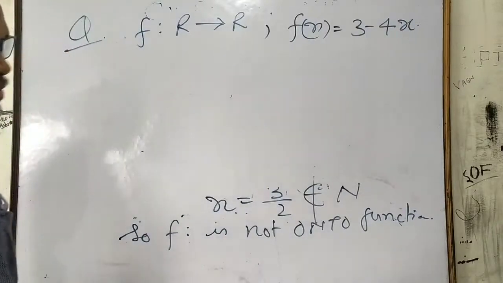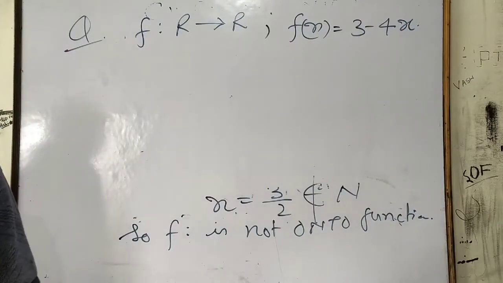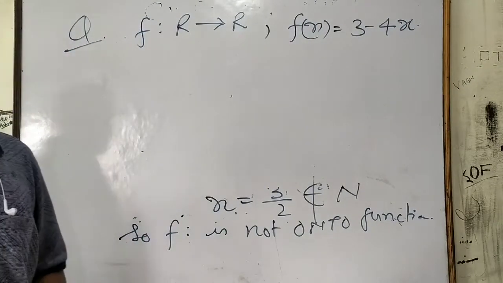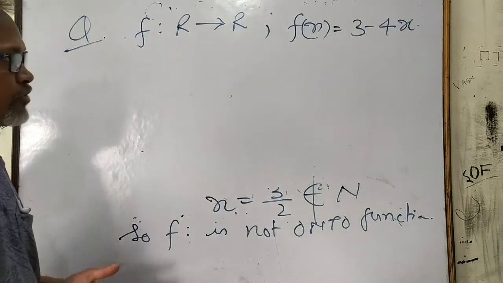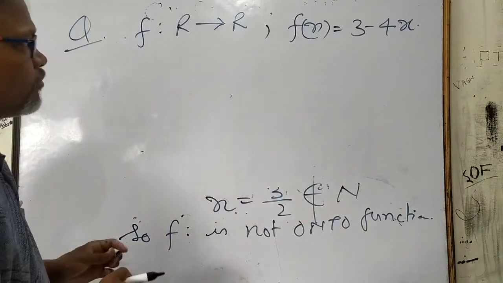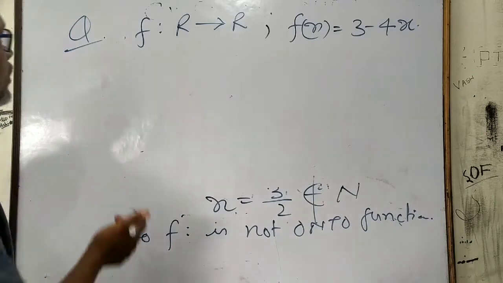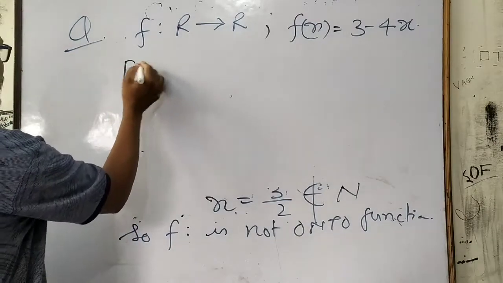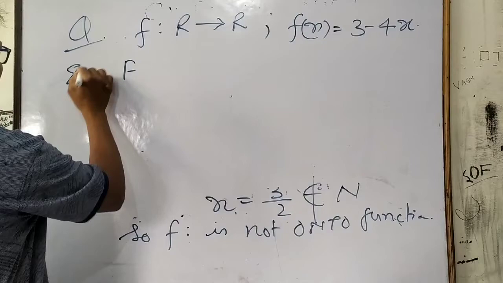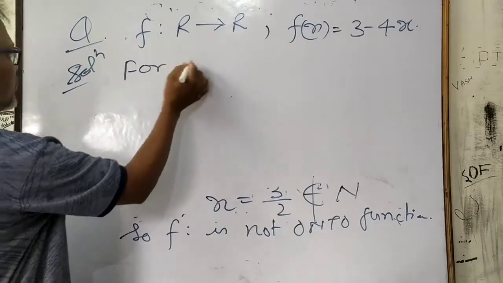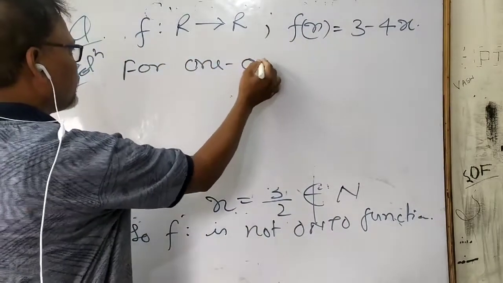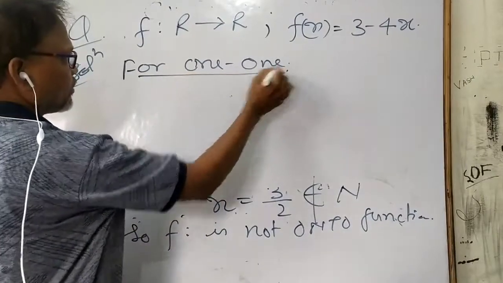You have to show or verify whether it is bijective or not. So is this function one-one and onto or not? First of all, for one-one, what you have to do.